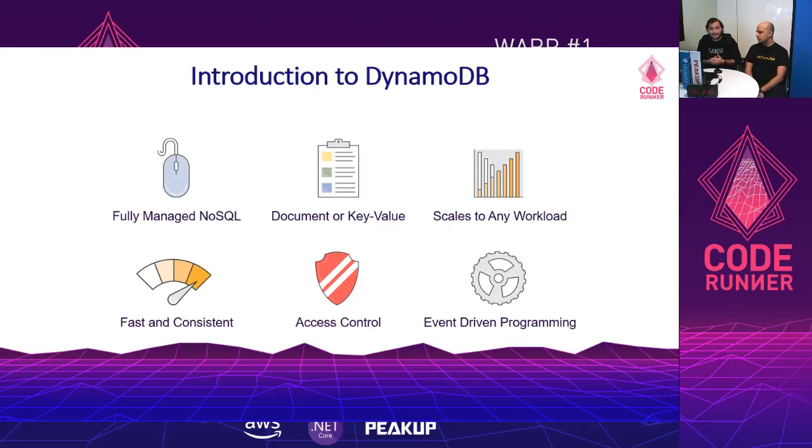And it's fast, it's consistent, it has access control with IAM actually, and it's event driven. We're gonna take a look at that in maybe next sessions, but it actually mentions a stream, a DynamoDB stream.